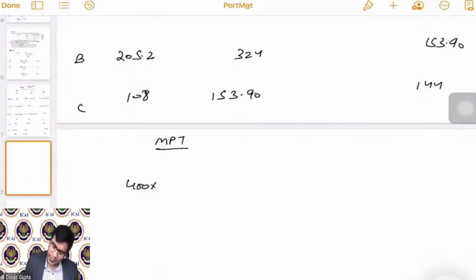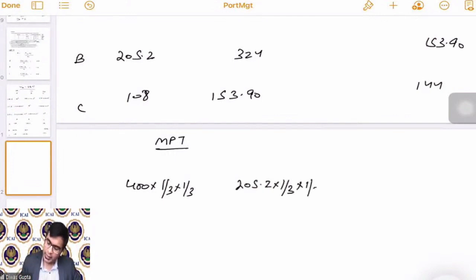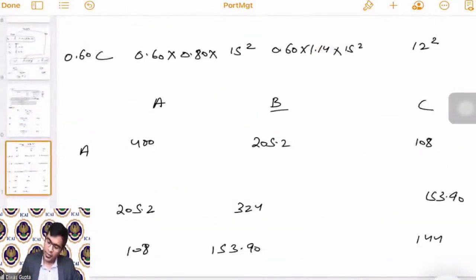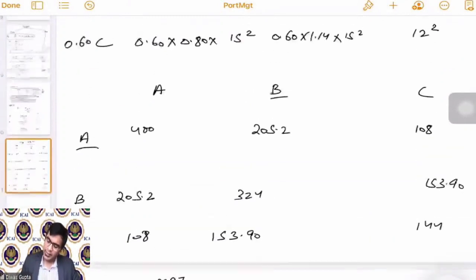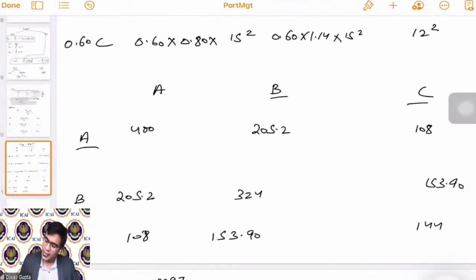So 400 multiplied by 1 by 3 multiplied by 1 by 3, which is weight of A and weight of A. Correct. Then second is 205.2 into 1 by 3 into 1 by 3, again for B and A, both of them. Then 108, 1 by 3 into 1 by 3. Now this is for A and C. 108 is the covariance multiplying with the respective weights.